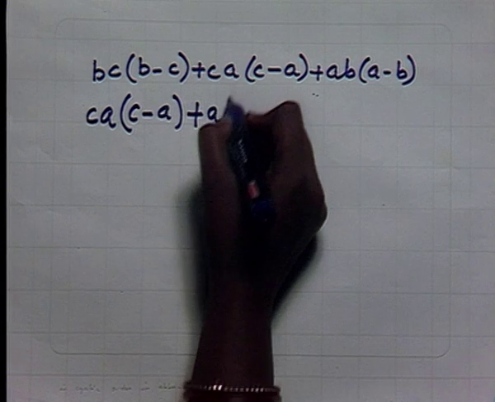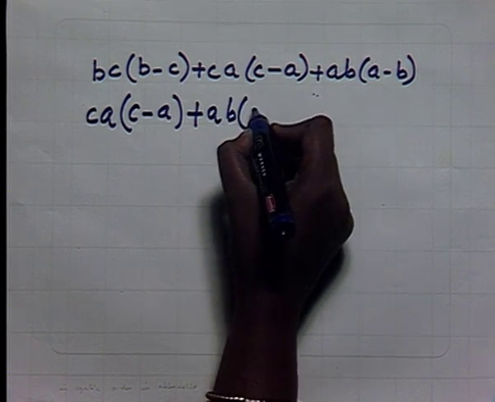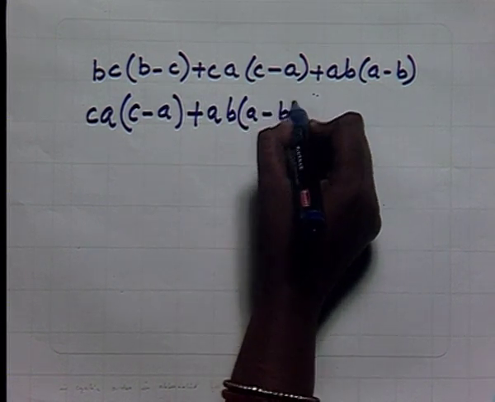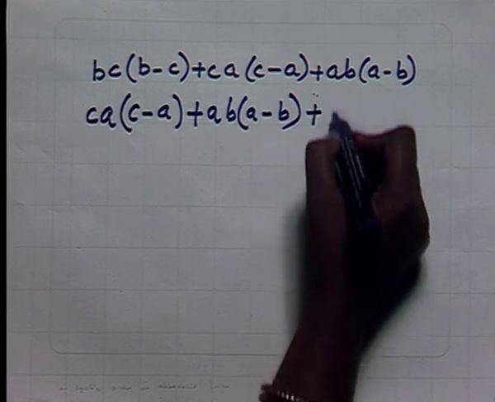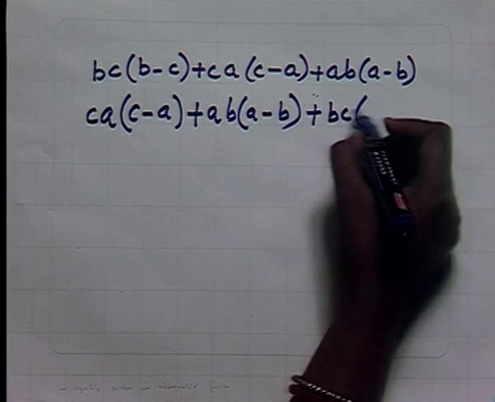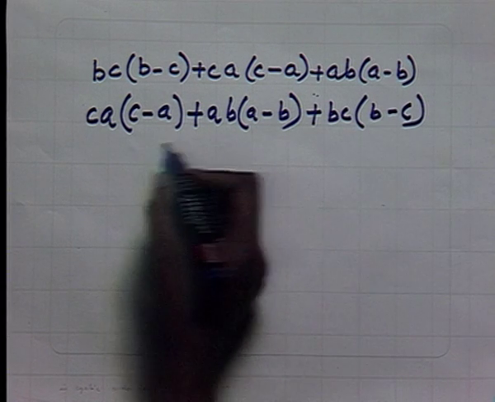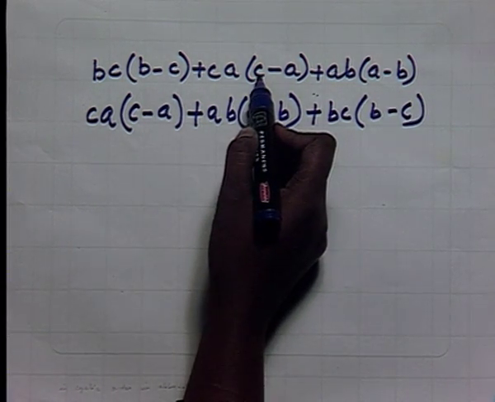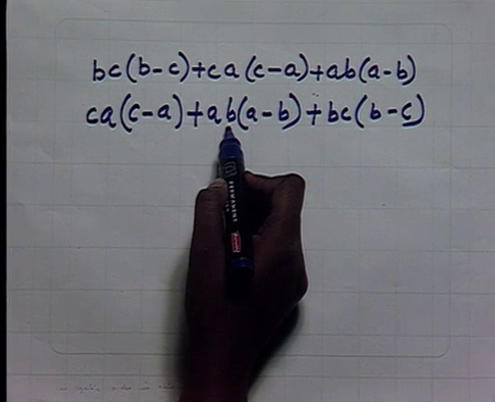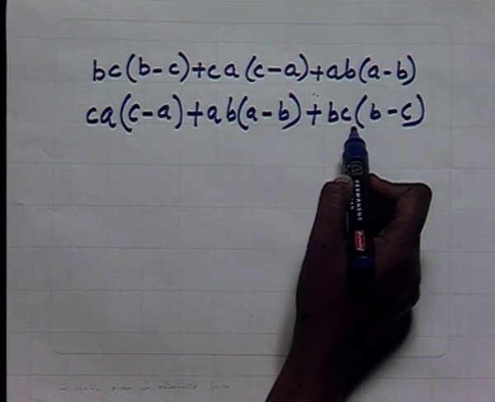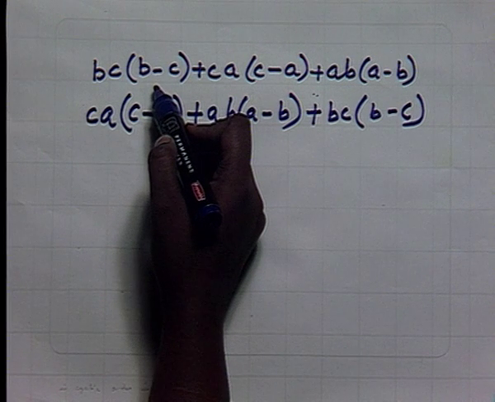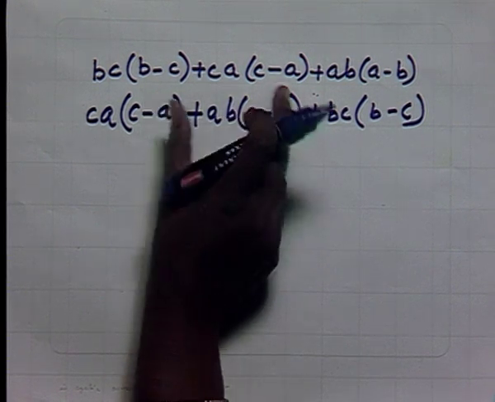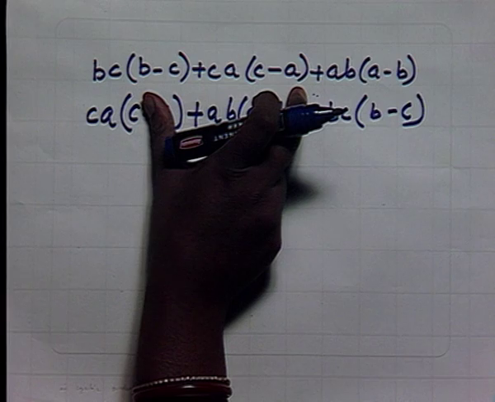C becomes A, A becomes B, and this is A minus B plus BC into B minus C. Again we find that the first term here is the second term in the initial expression, the second term here is the third term in the initial expression, and the third term here is the first term in the initial expression. So, this expression is written in cyclic order.